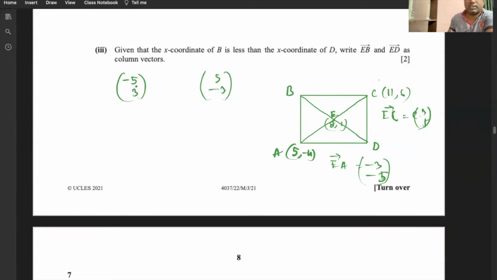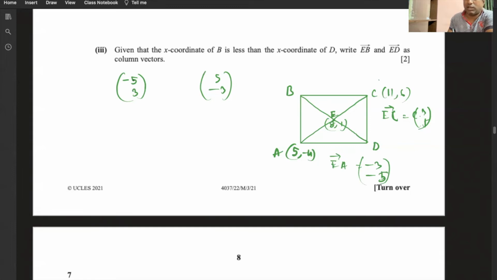See both the cases, its gradient is 3 by minus 5 and minus 3 by 5, and the gradient of EC is 5 by 3. If you multiply the two gradients, it will be minus 1.